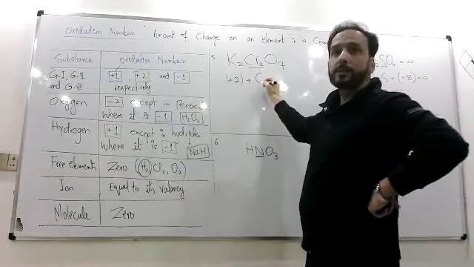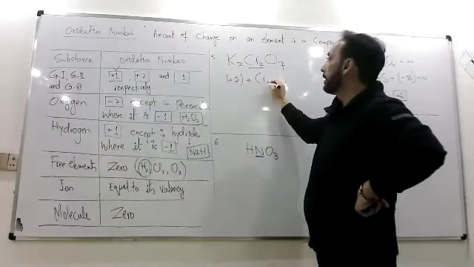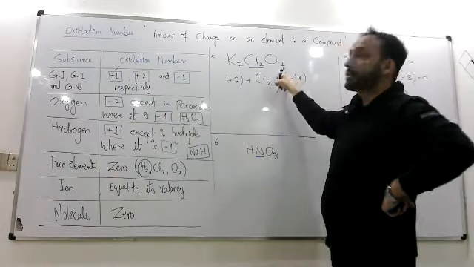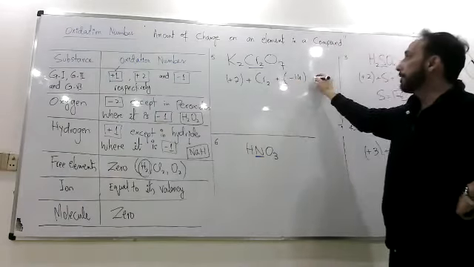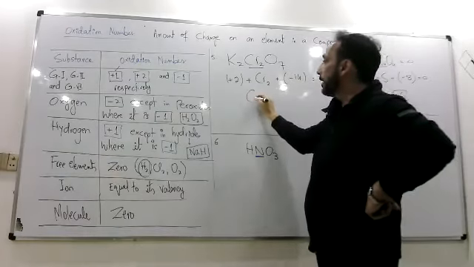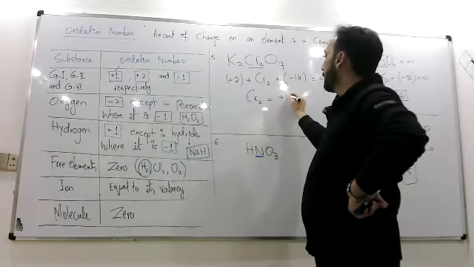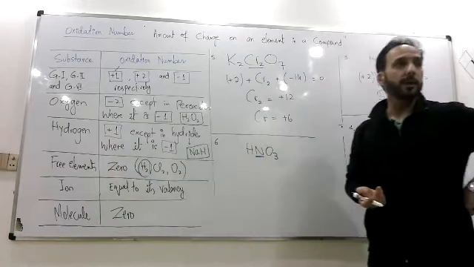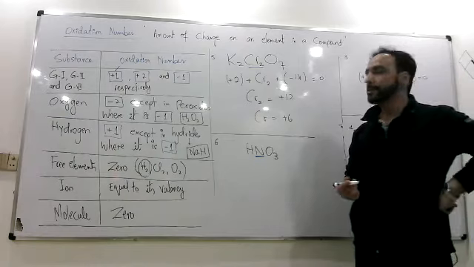Chromium आप इसको 2x कर दो या Cr2 कर दें, 2Cr कर दें. Oxygen is minus 14, minus 2 times 7 minus 14 equals to 0 and Cr2 would be like plus 12 and Cr would be plus 6. 2 of chromium are plus 12 and 1 chromium is plus 6.